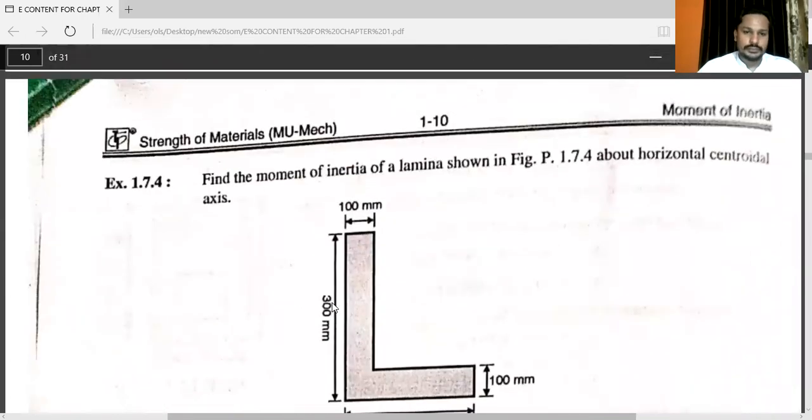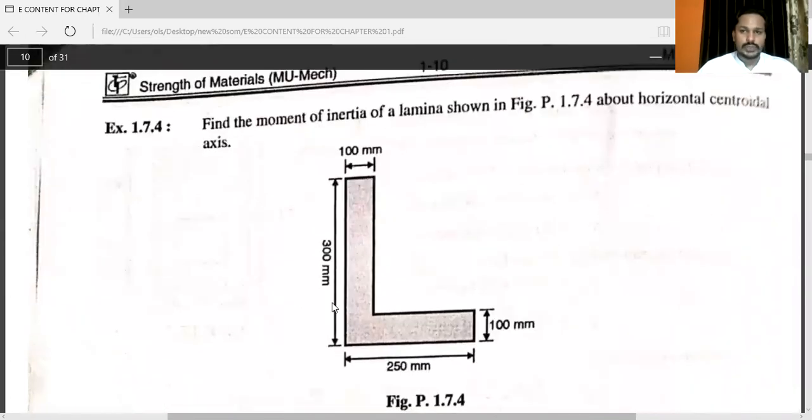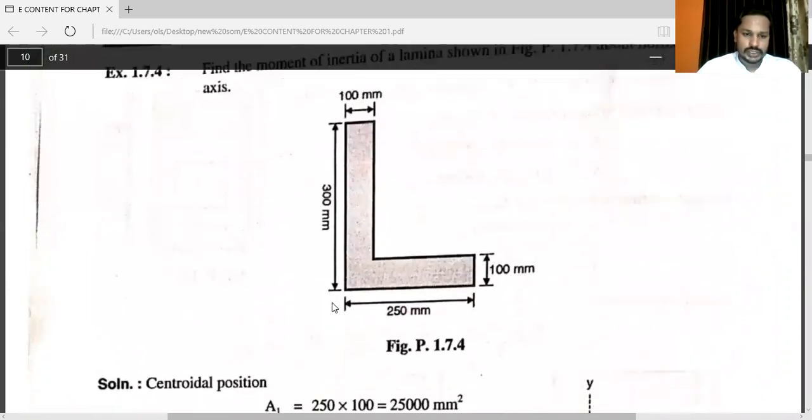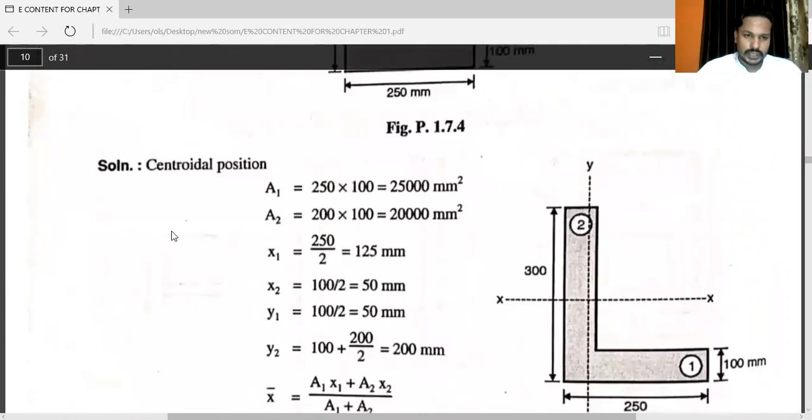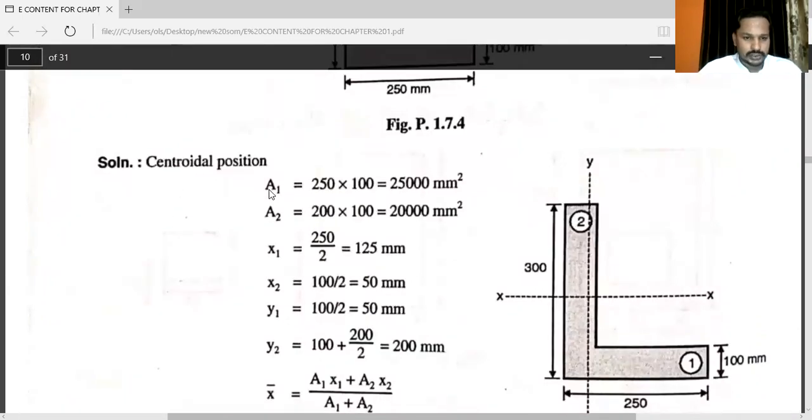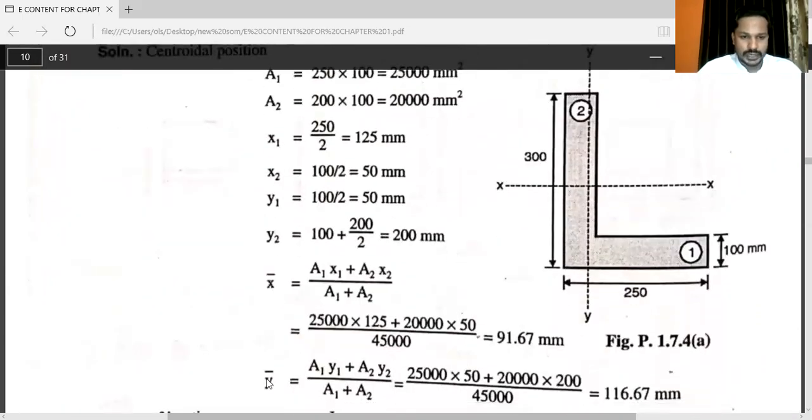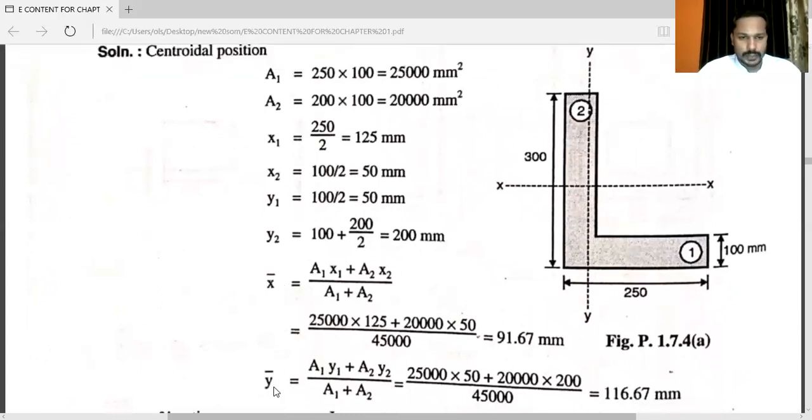So again, in short, while solving any problem related to the moment of inertia, the first step is to calculate the centroidal position. We know how to calculate x bar and y bar. So for every diagram, you have to calculate x bar and y bar. To calculate x bar, you have to take a1, a2, x1, x2.